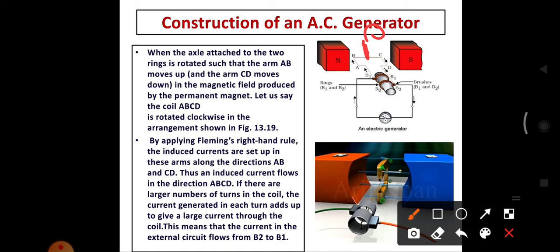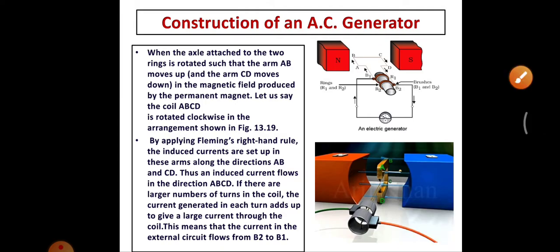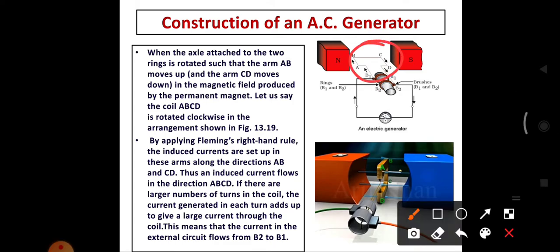the arm AB moves up. So when we rotate this rectangular coil, the arm AB moves up and the arm CD moves down in the magnetic field. It is clearly shown in this image.